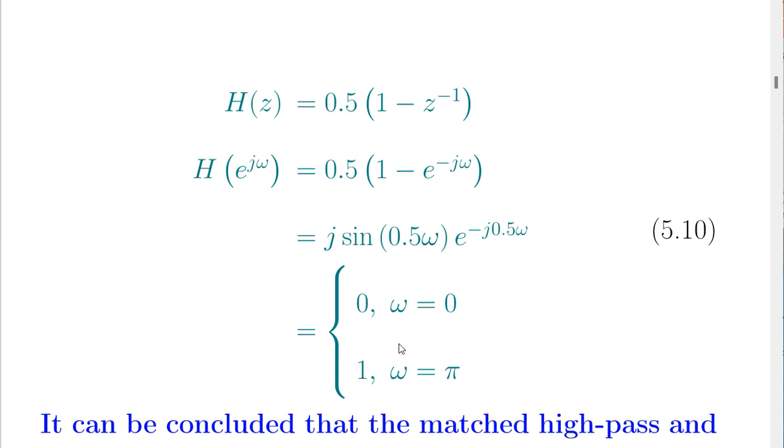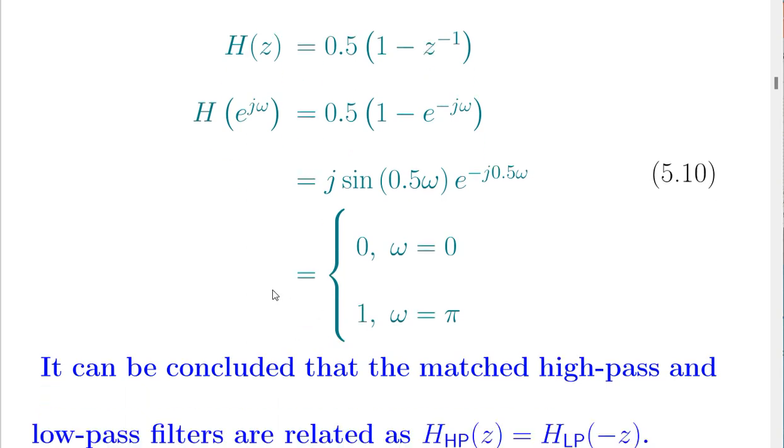Okay? Now, lower frequencies have no permission to pass, but higher frequencies can pass. So it's high pass, isn't it?